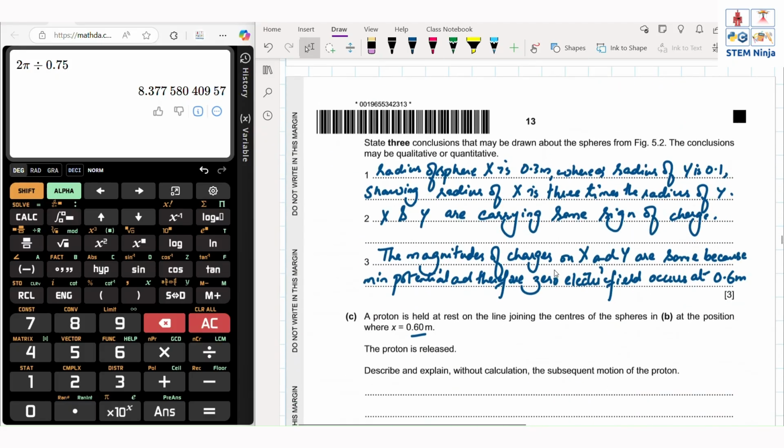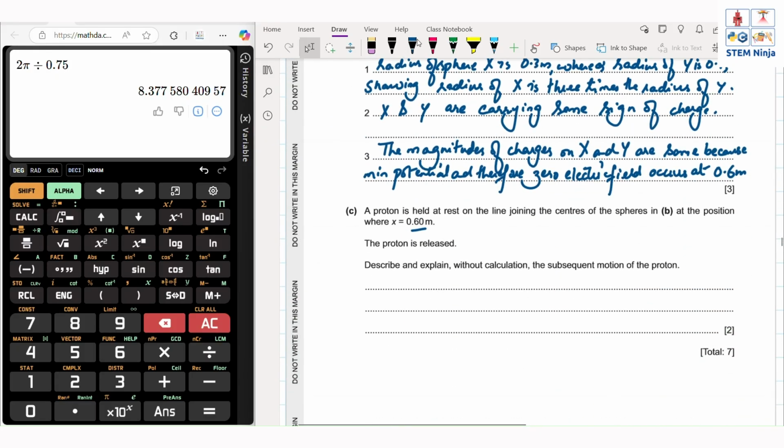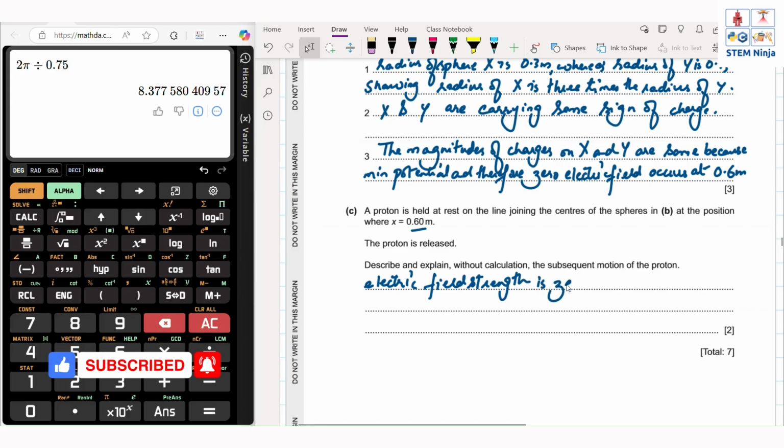So different ways to say this: the electric field strength is 0 at 0.6 meters. So no motion in any direction would occur.